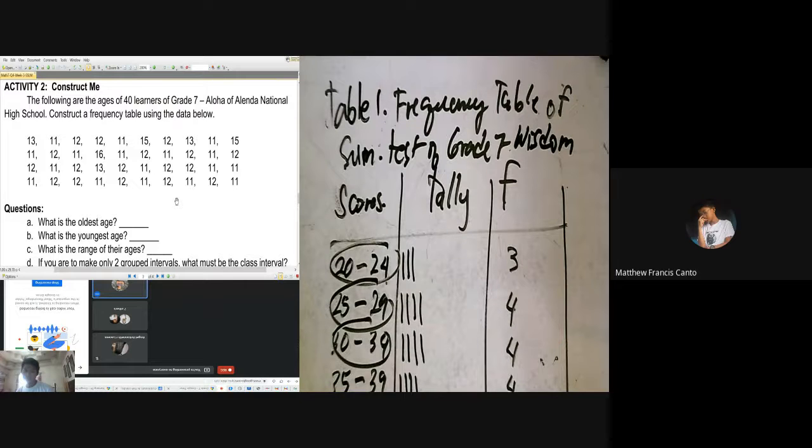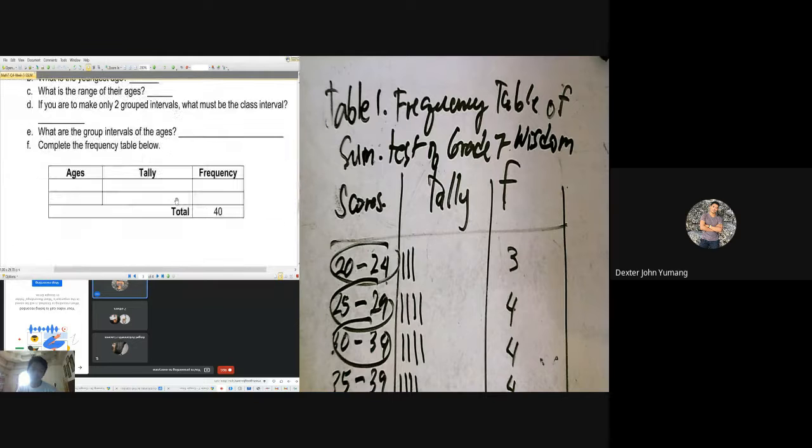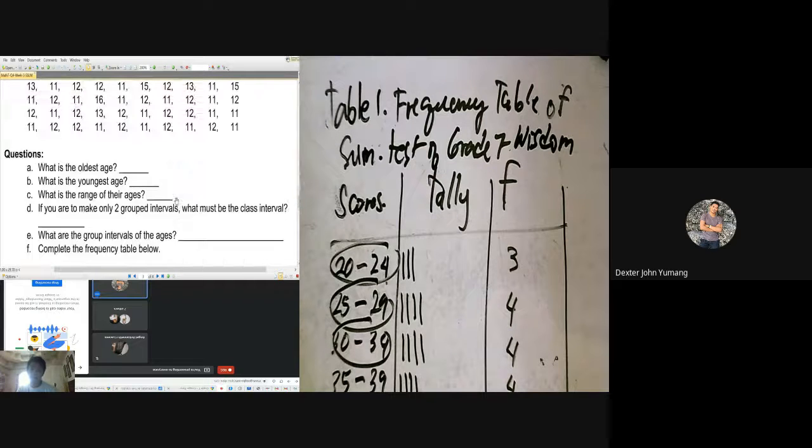Meron po. Okay, meron. You may use that one as your, the back page of that will be your answer sheet or pwede pong sa inyong notebook or scratch para mas maganda po or mas malinis. Okay, you may now start answering this one. Just the activity number 2. Okay, your time starts now.